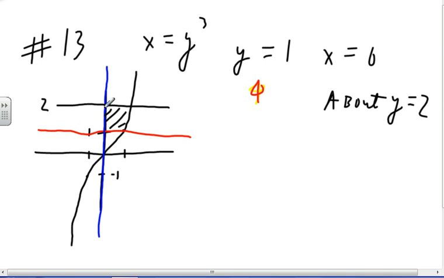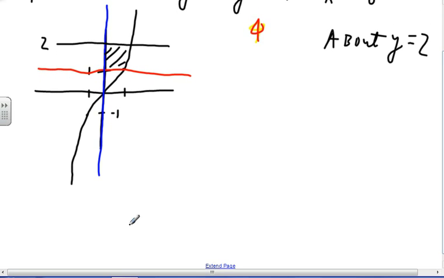Okay, so what I'm going to do is the same thing again. I'm going to find all of this, the whole thing, and then subtract the bottom thing. So that's my plan. So V is equal to 2 pi integral 0 to 1 of x, not x, yeah, x. No, we're rotating around y is equal to 2, which is really the x-axis, so that's got to be y.